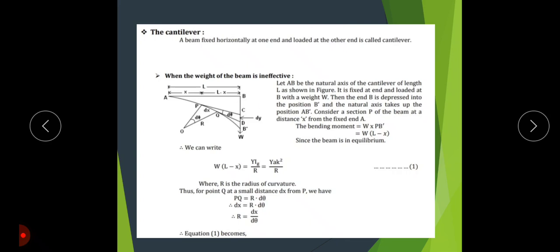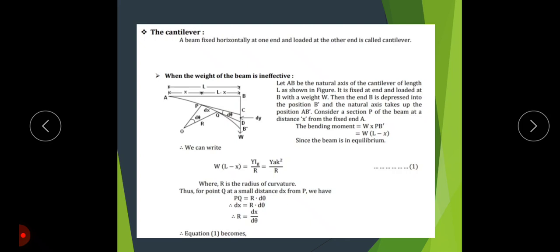The angle subtended by them is taken as dθ, the angle made by these two tangent lines.